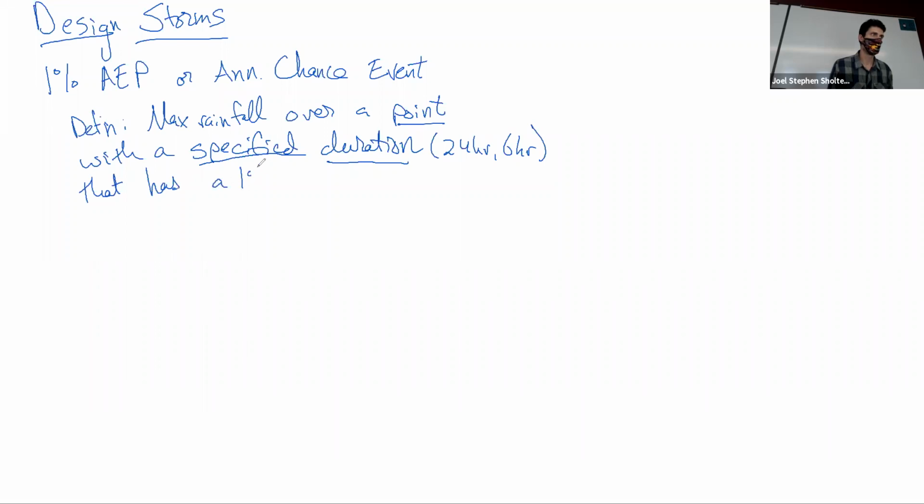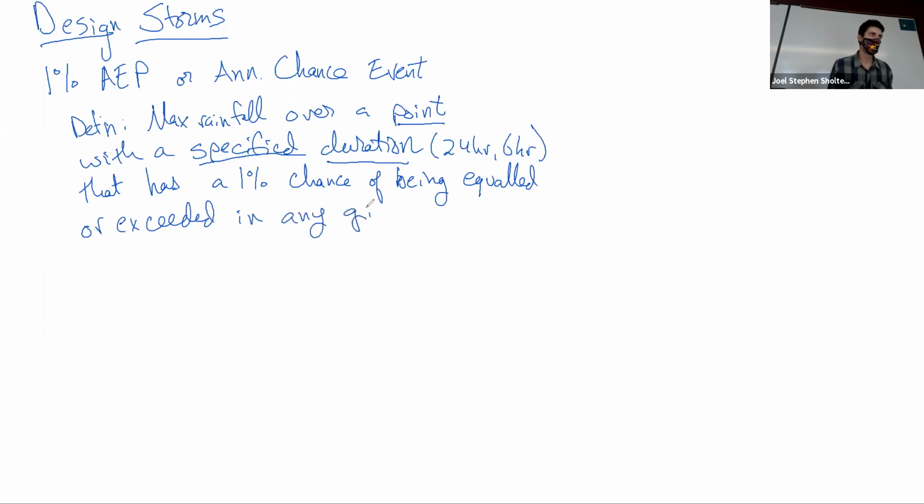That has a 1% chance or probability of being equaled or exceeded in any given year.